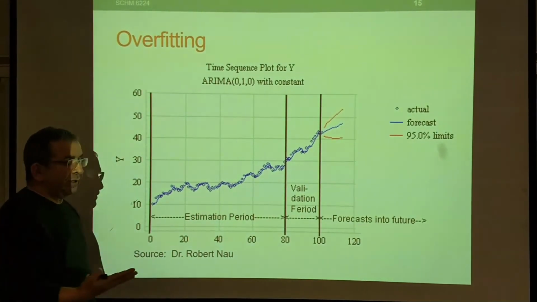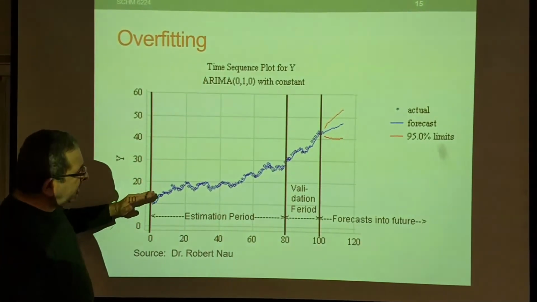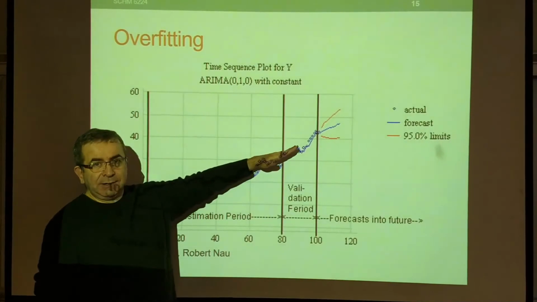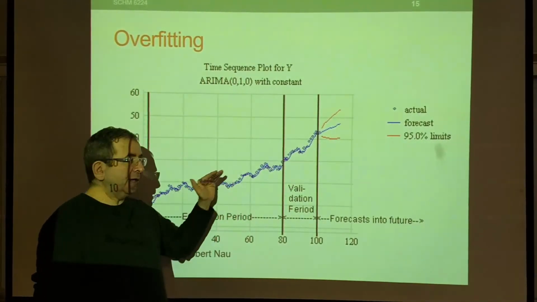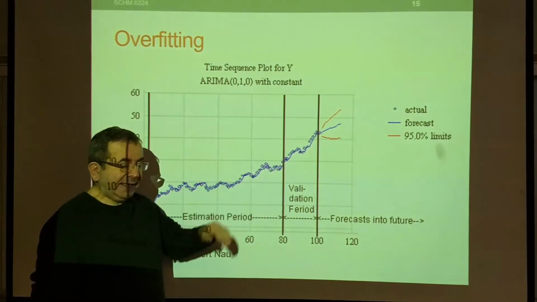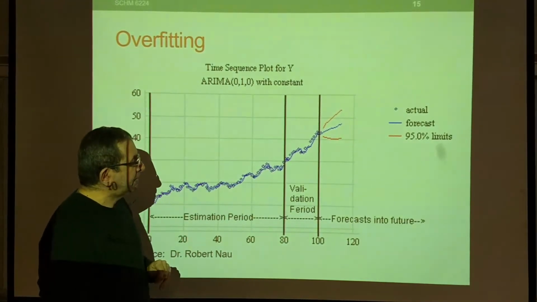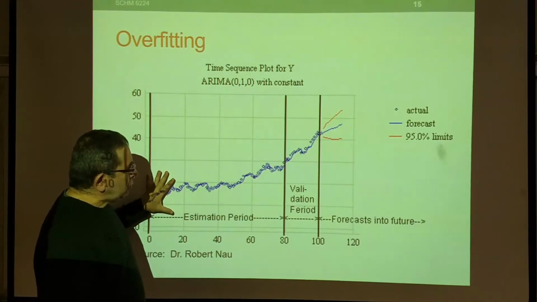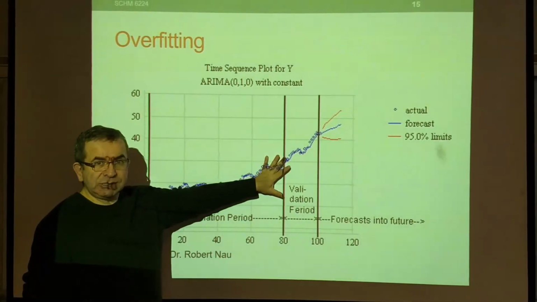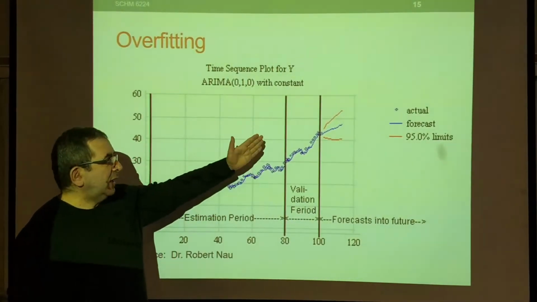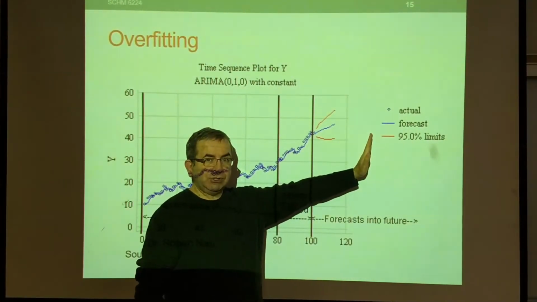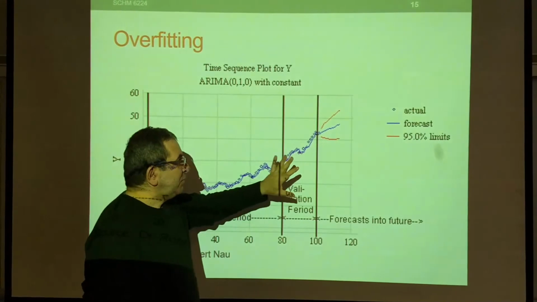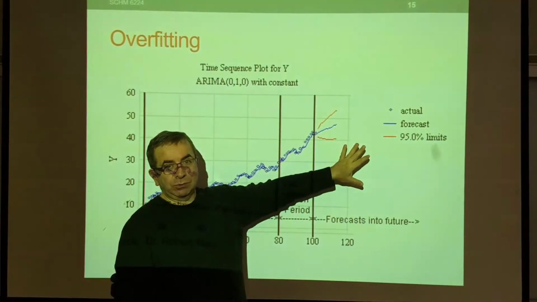So the reason for this is when you calibrate your model, when you determine your best parameter values, you make certain assumptions, and when you make forecasts into the future, those assumptions may not hold.